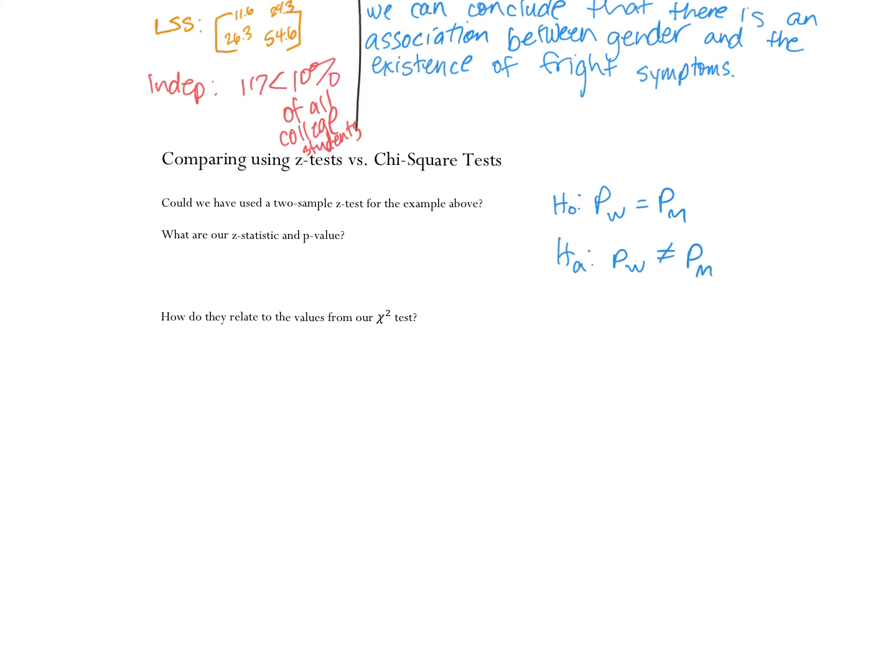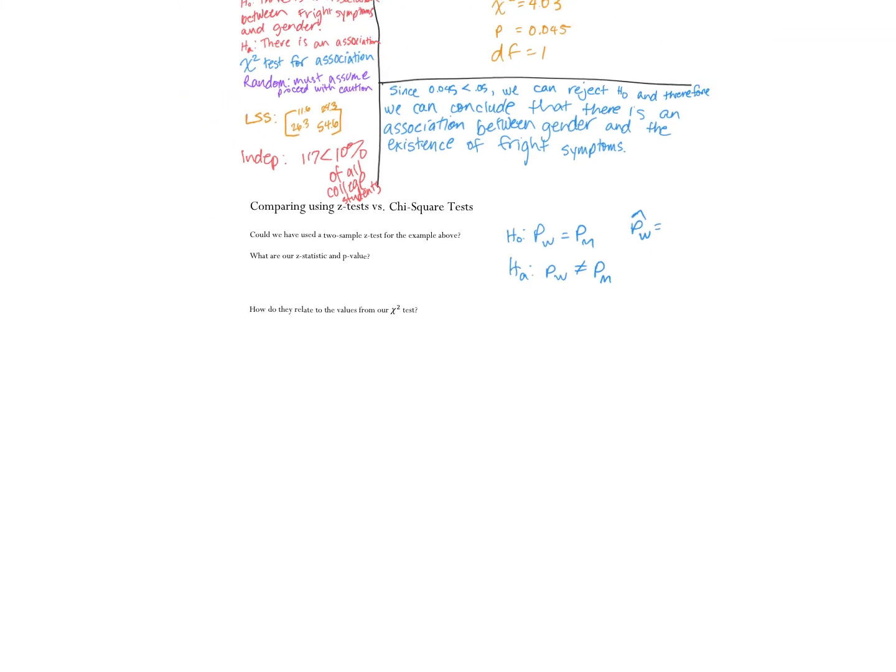Because when you think about this, we can essentially say P hat W is 29 out of 79, yeah? And P hat M is equal to 7 out of 38. Are you guys with me that we could have done it that way?